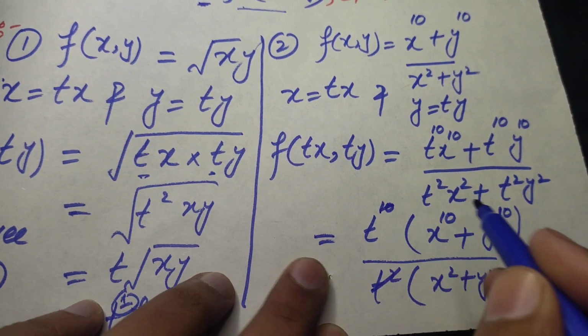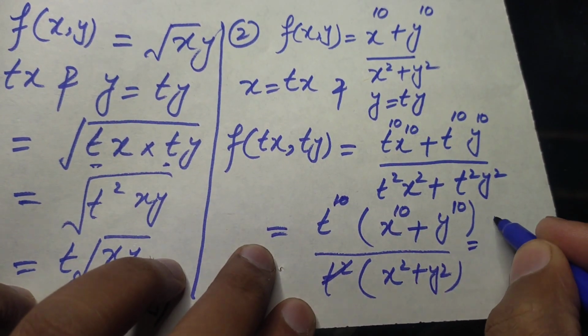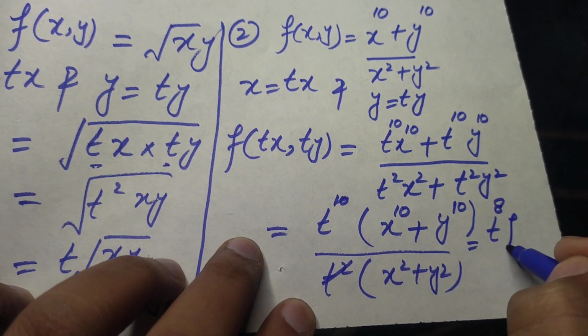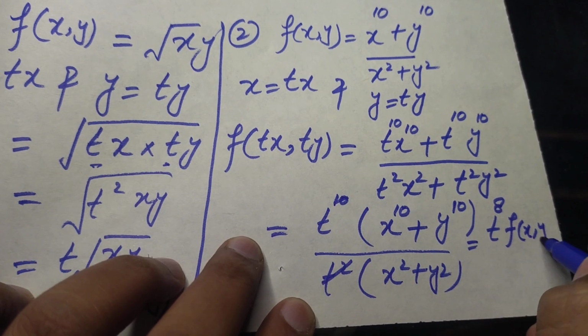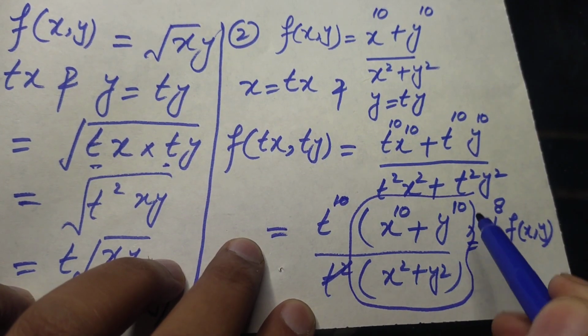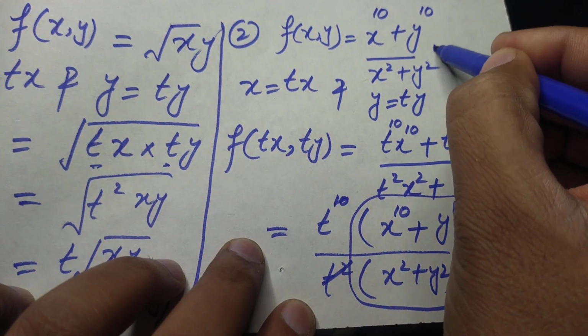This t squared is cancelled out by this, and finally we will obtain t^8 into f(x, y), because this remaining function is equal to f(x, y).